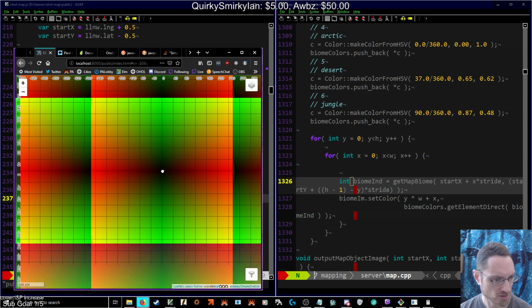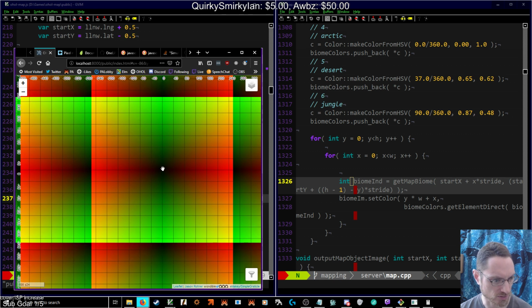Okay, so that gets our inflection points at the right spot at least, with the way the abs is treating this.